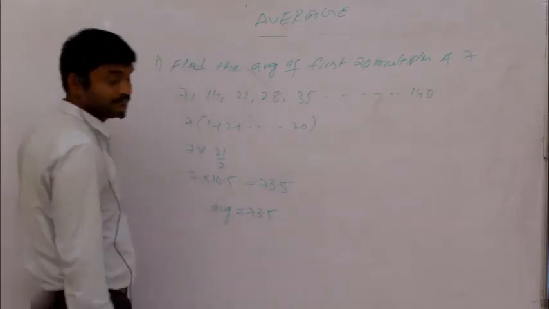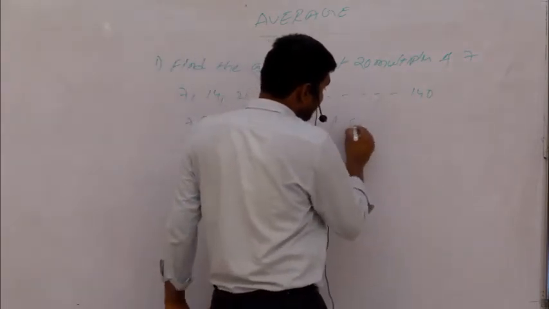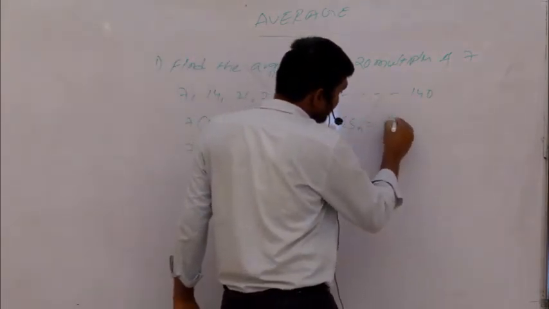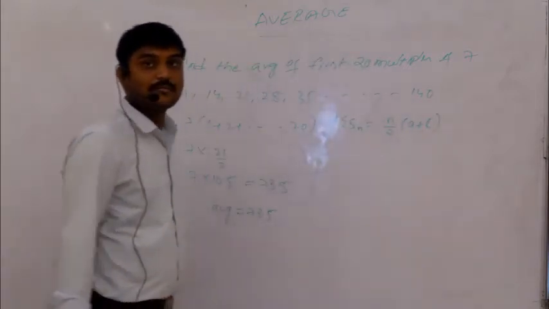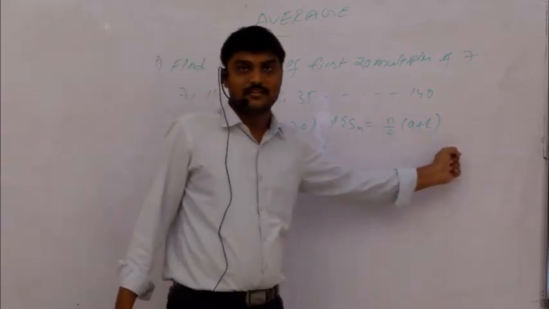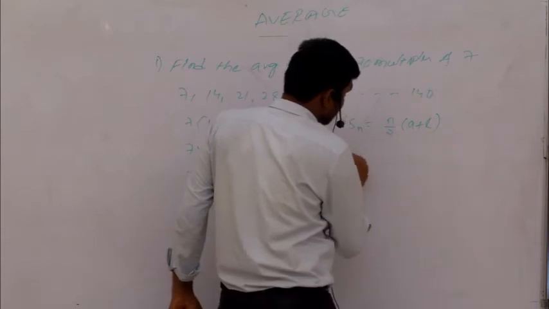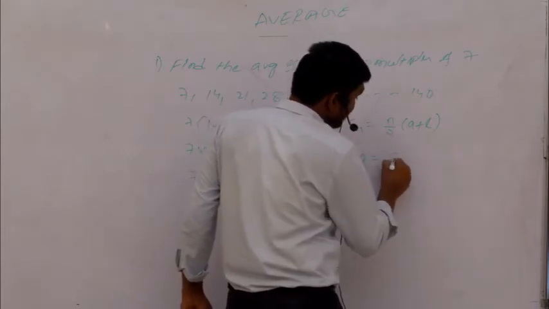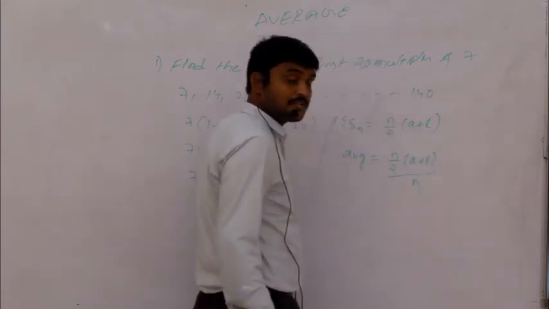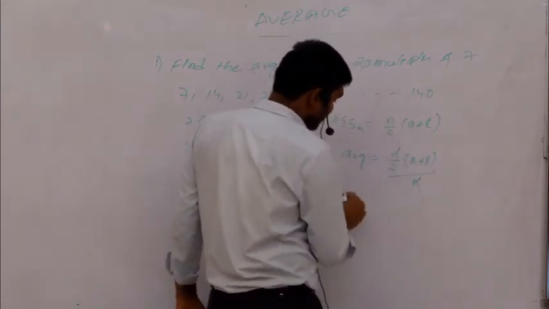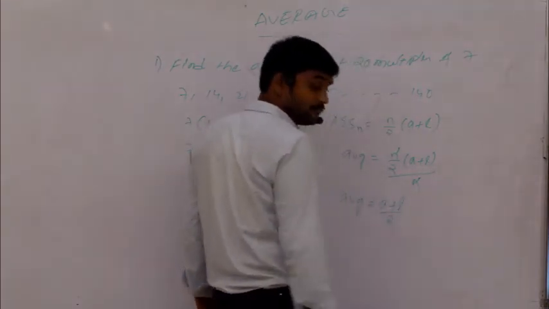This is the one way. The alternate way is, sigma Sn equal to n by 2 into a plus l. So if we want average, average equal to n by 2 into a plus l by n. So n cancel, average equal to a plus l by 2.